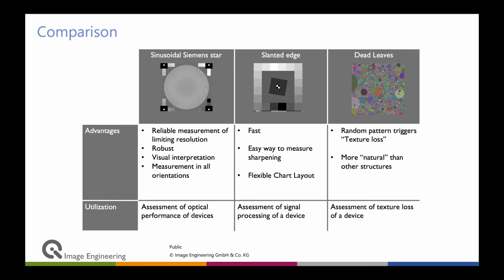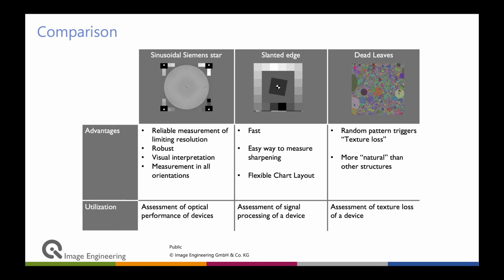And the dead leaves is a very powerful tool to measure the texture loss. In terms of chart design, the slanted edge is very flexible for chart layout. In a production line environment where you have huge control over the camera, the images and the processing, slanted edge might be the choice because it's easy to design, easy to implement, and fast.